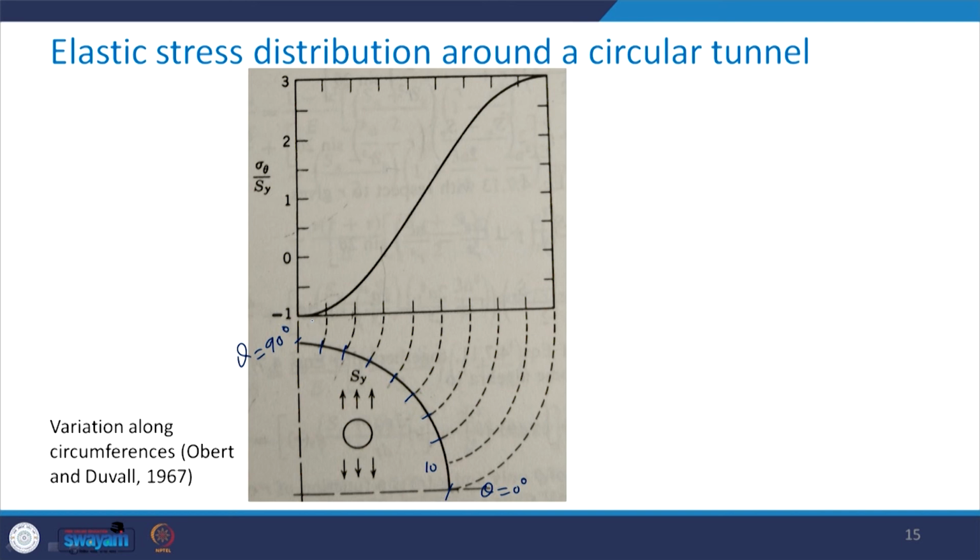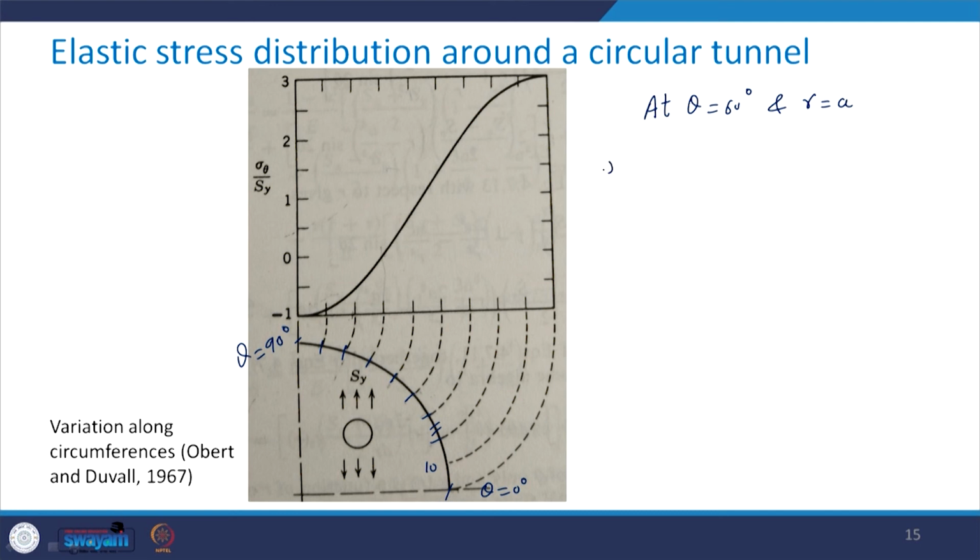Now, take a look here at what happens at theta equal to 60 degree. Obviously, because we are discussing the variation along this circumference, r is going to be equal to a.